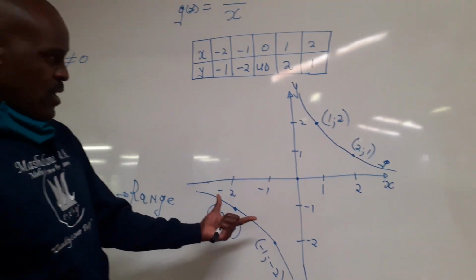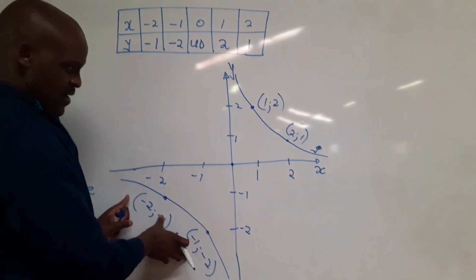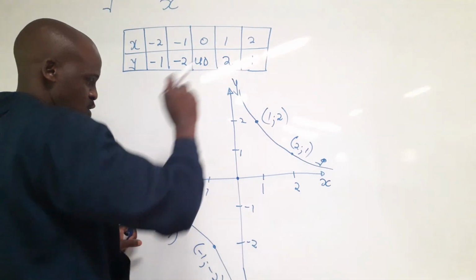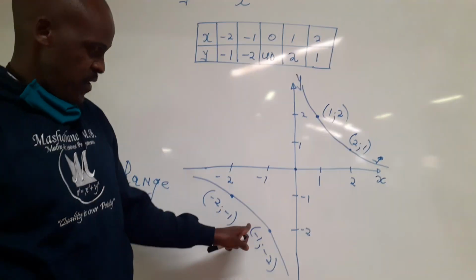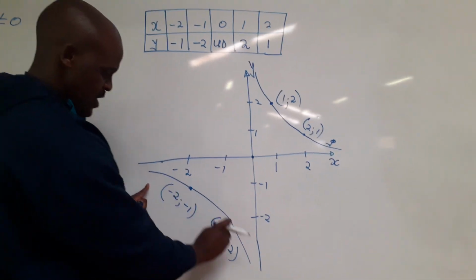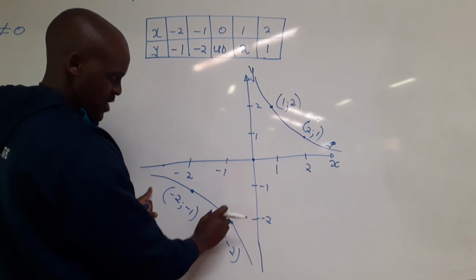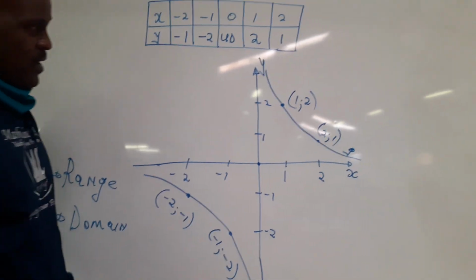Same graph. In other words, this is a reflection. This graph is reflected to the first quadrant. It's the image of this. It's one and the same graph. As you sketch on the other quadrant, it reflects on the other quadrant. That's a hyperbolic function. Right?